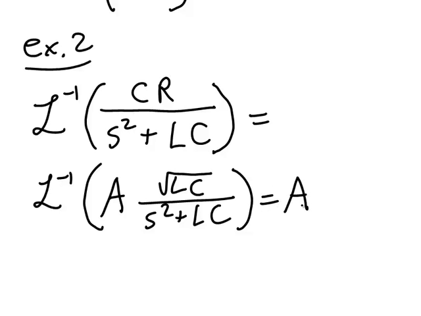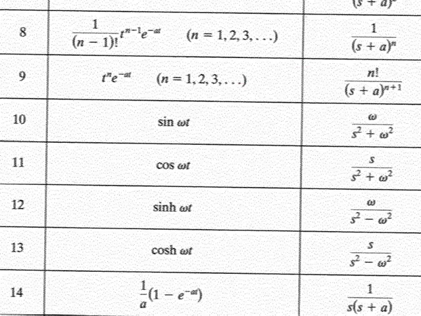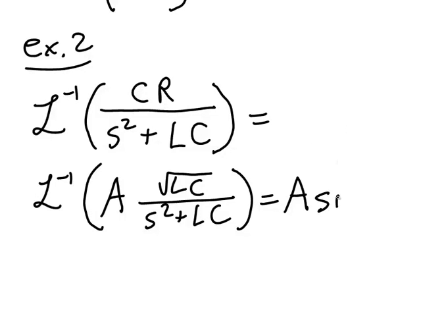We would pull out the constant, and then we would go to the table and use the inverse Laplace transform of this standard form, where omega is the square root of LC. So what is the value of A in this answer?